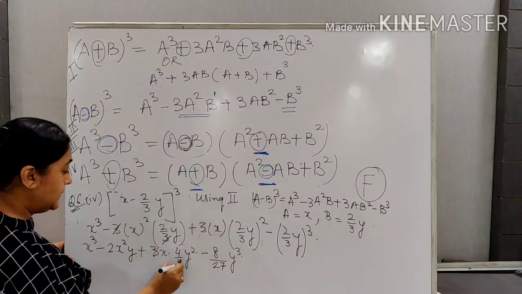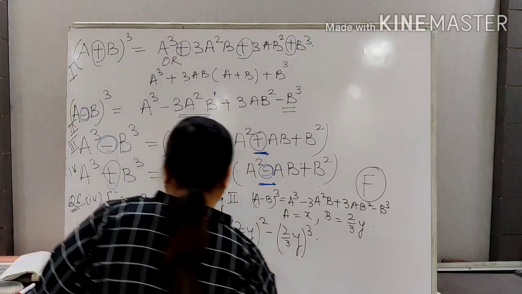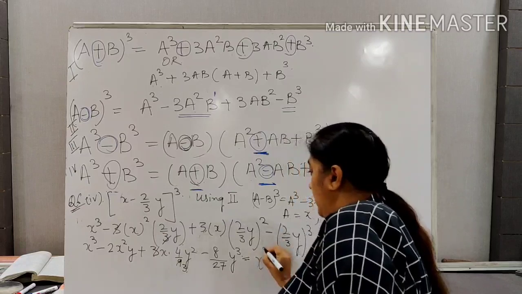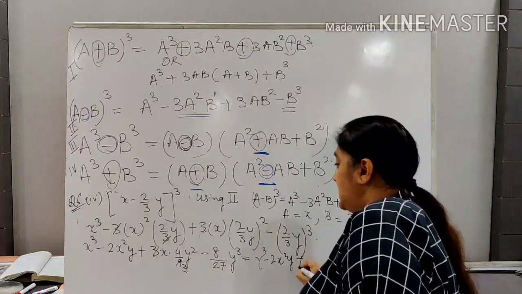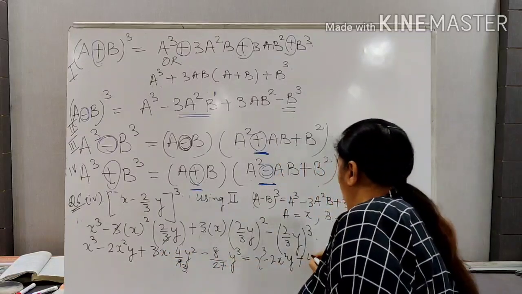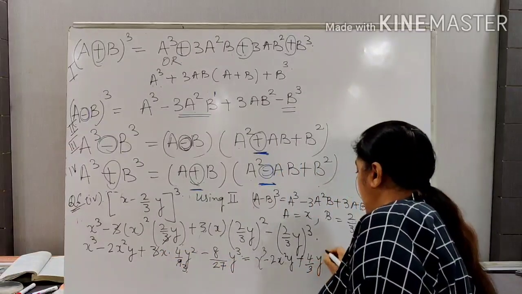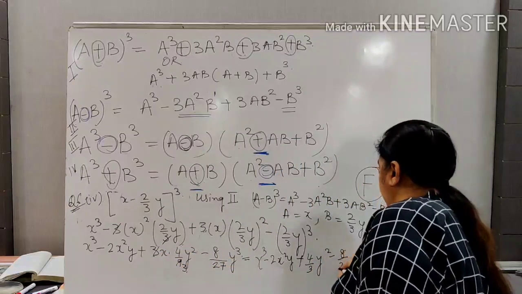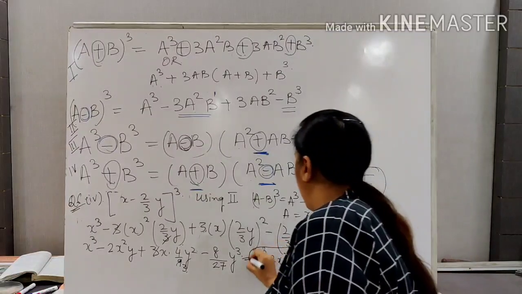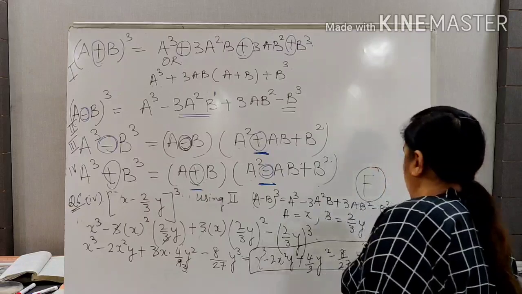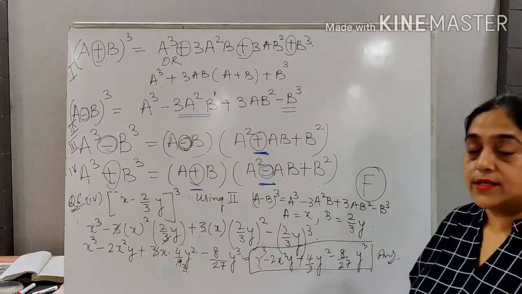Again solve it. What do you get? You will get x cube minus 2x square y plus, this cancels off, 4 by 3y square minus 8 by 27y cube. This is your answer for this question. Got it? This is question number 6.